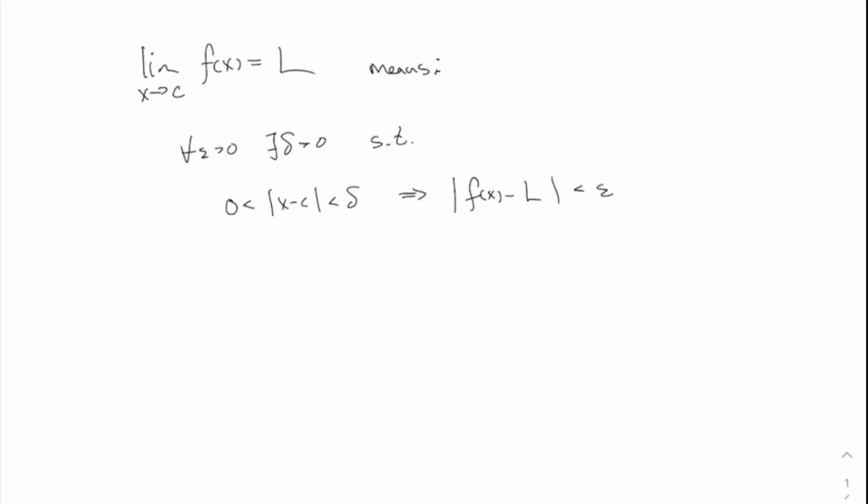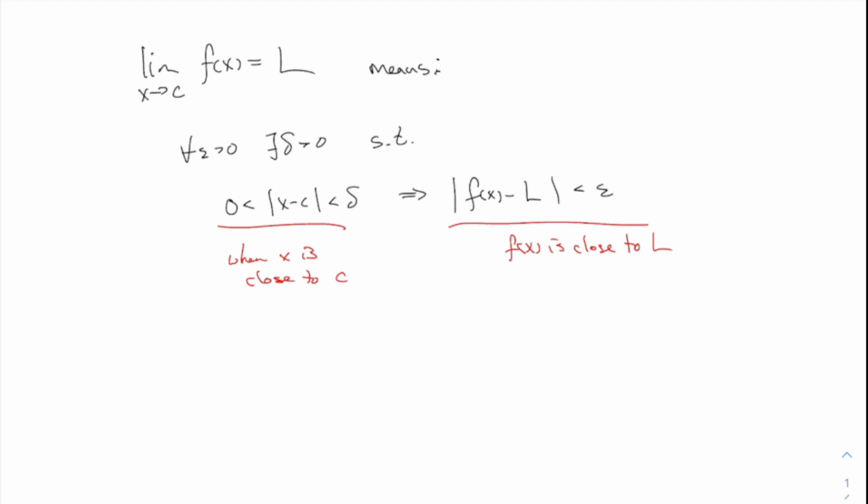This you definitely should memorize eventually, I suppose. I mean, you're going to be doing it often enough, but I will expect you to know this definition. There's a lot of symbology to it, but basically this part over here means when x is close to c, and this part over here means f of x is close to L, right?